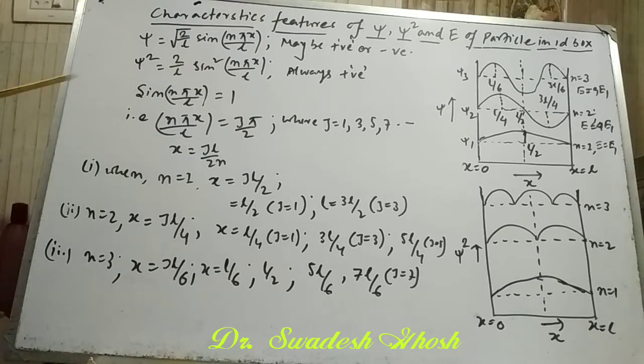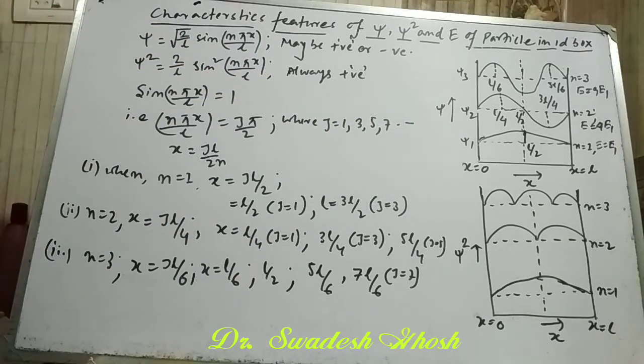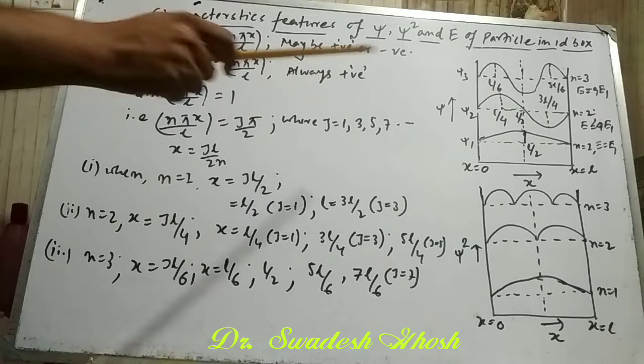We already know that for a particle in a one-dimensional box, the region along the x-axis where the particle is moving is between 0 and L. So the value of x must be in the range 0 to L, as we have seen in the diagram.